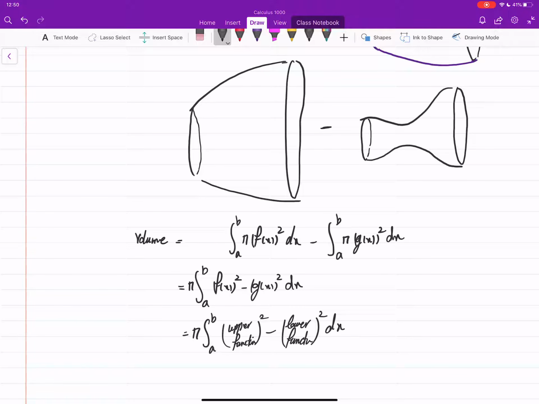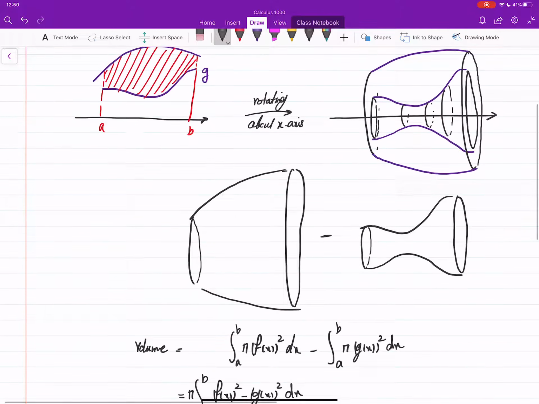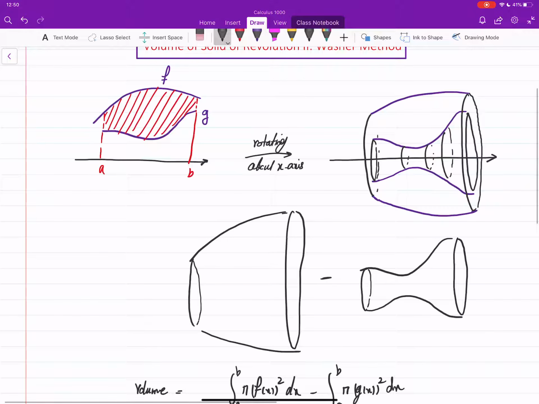This is called the washer method. The reason that we call it the washer method is that when you try to find a slice of this object, what you will find is not a complete disk. It will be a disk with a hollow hole in between, which is like a washer.